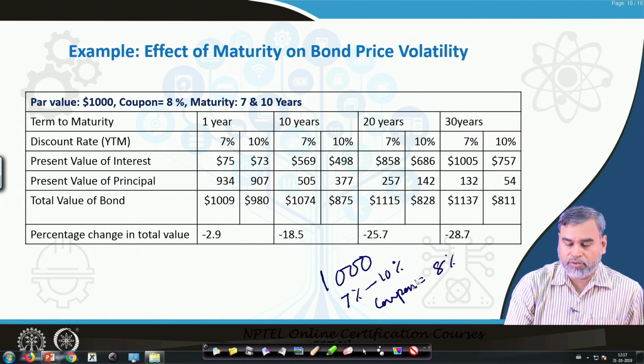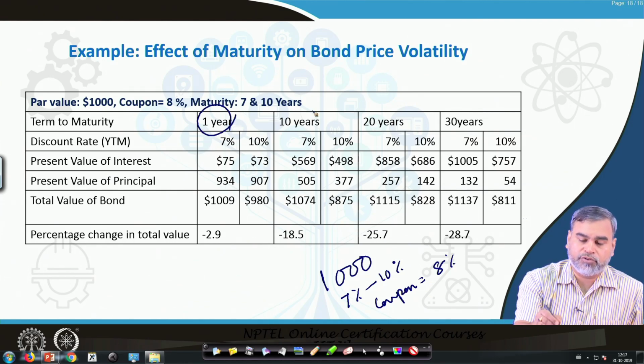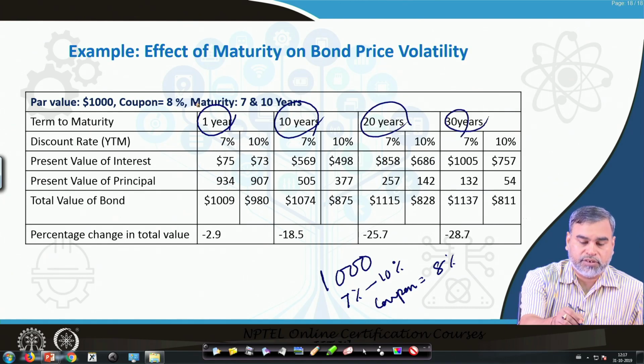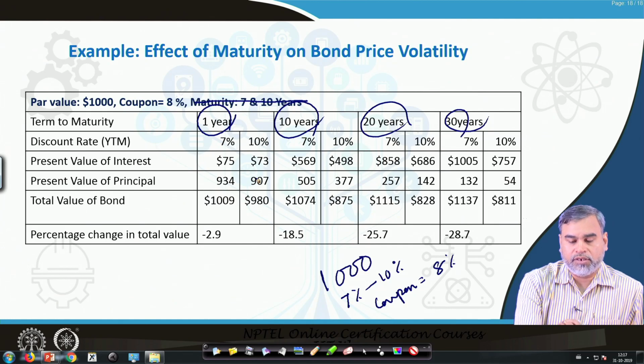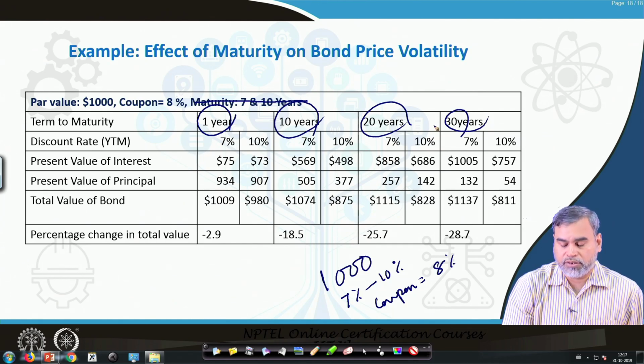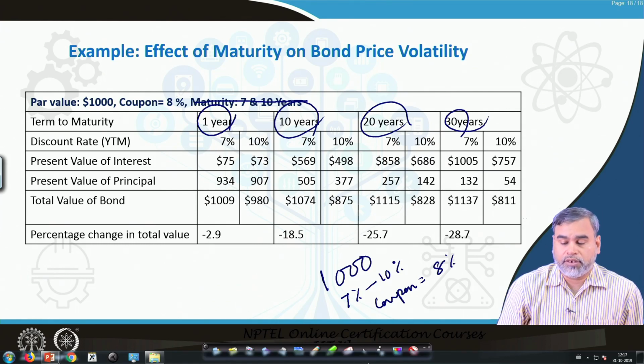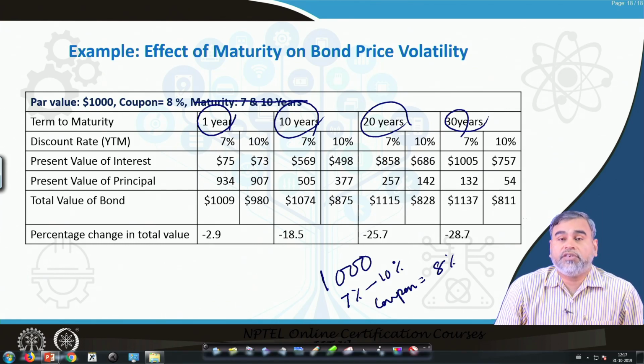We are talking about different maturities: 1 year, 10 years, 20 years, 30 years. With the different maturities, we are getting the percentage change in the value. So, it is clearly observed that the particular bond's price value fluctuations are greater whenever the bond's maturity period is more.